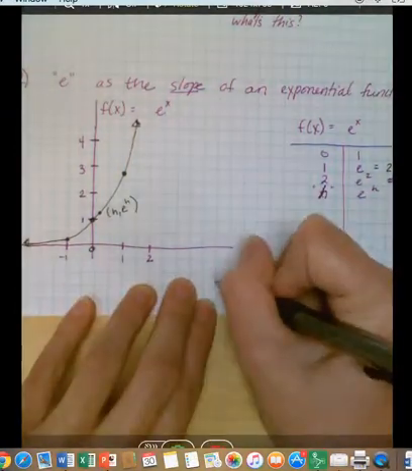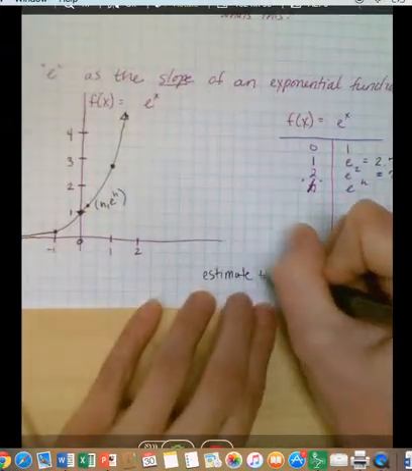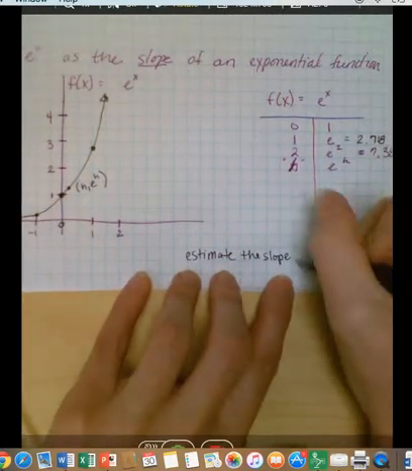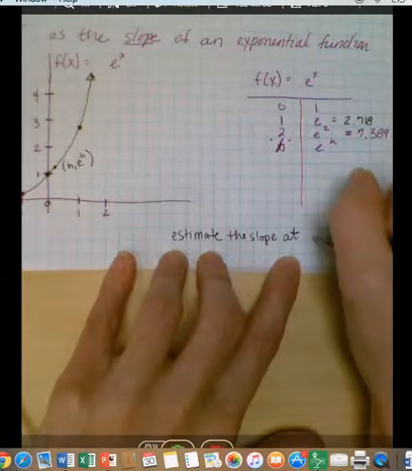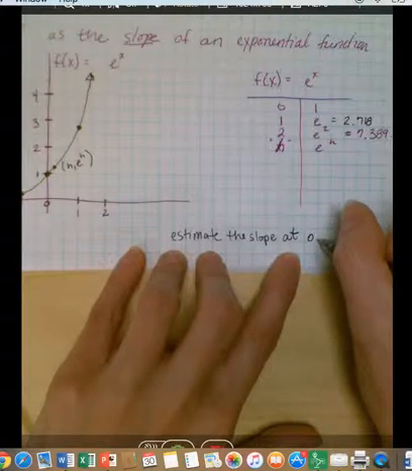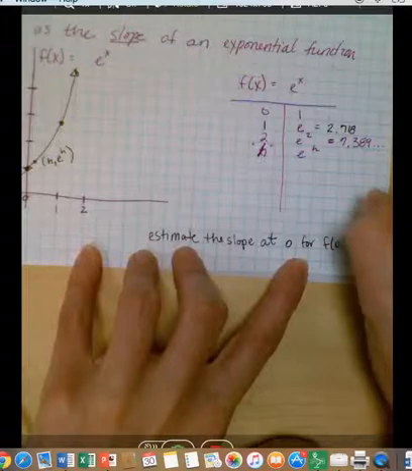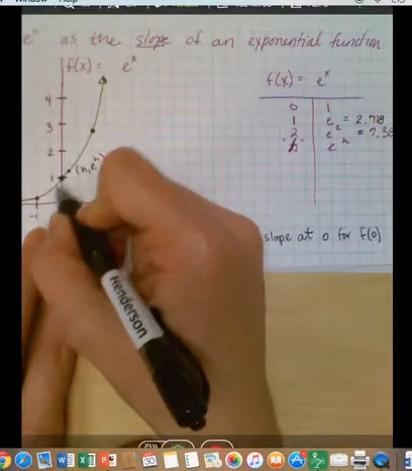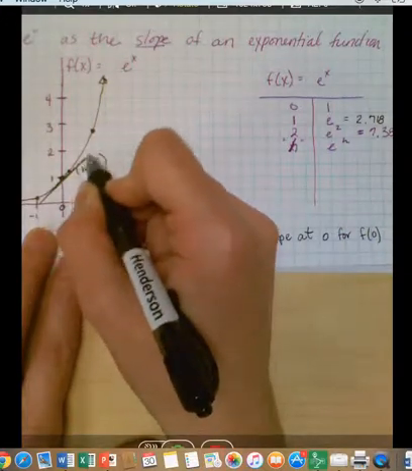So let's try to estimate the slope at 0, f of 0. We're going to try to find out what we think the slope is about right there.